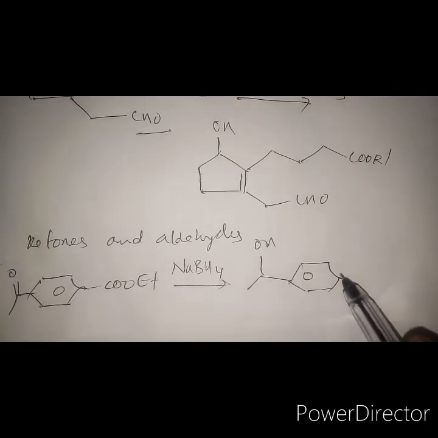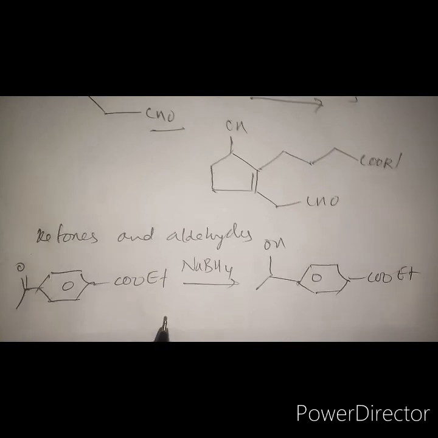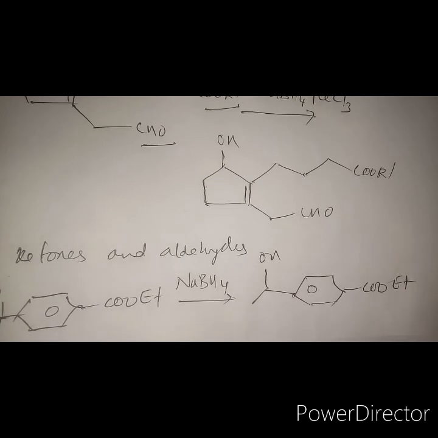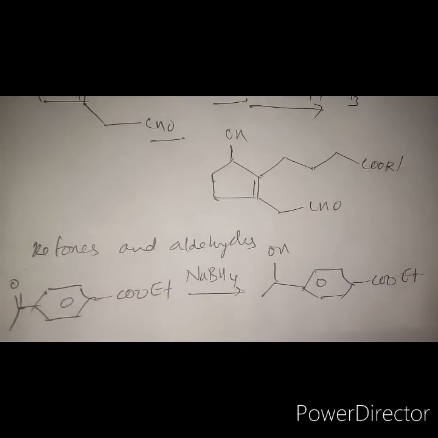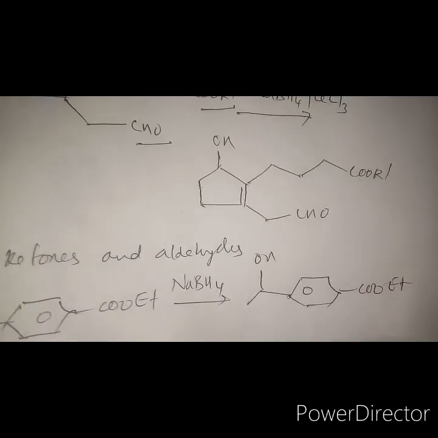This only reduces the ketone, the ester will not be reduced. So we will get OH, OEt. So this is the application of sodium borohydride. It doesn't reduce nitriles, epoxides, nitro groups, amides, lactams, or acids. It doesn't reduce anything else. It selectively reduces only ketones and aldehydes.